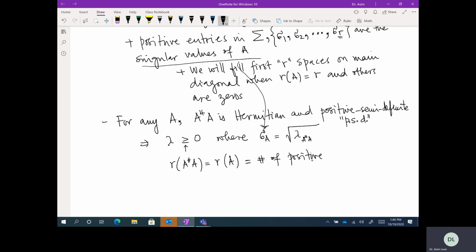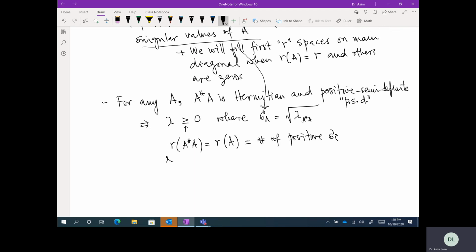So the singular values are either positive or zeros. And if A equals A Hermitian, this implies sigma of A equals the absolute value of the eigenvalues of A.